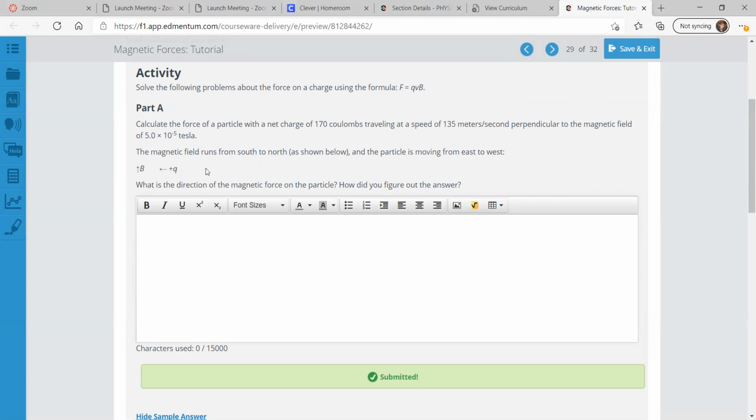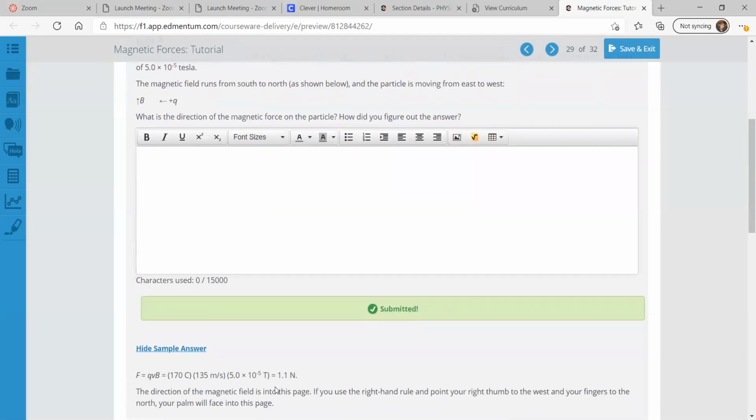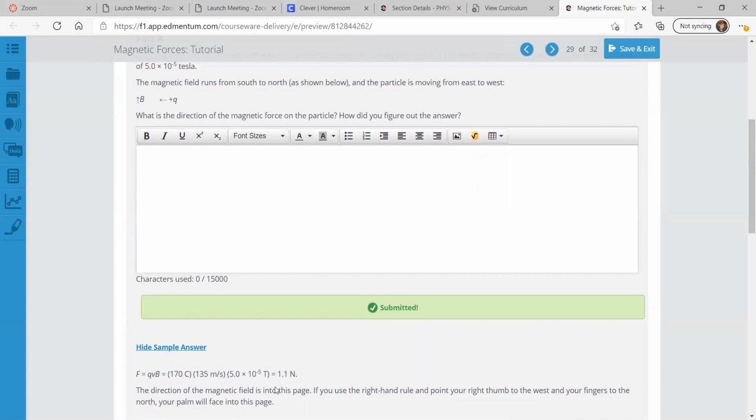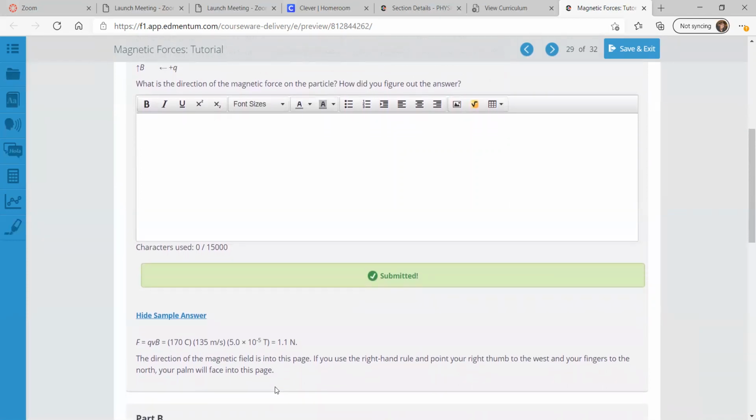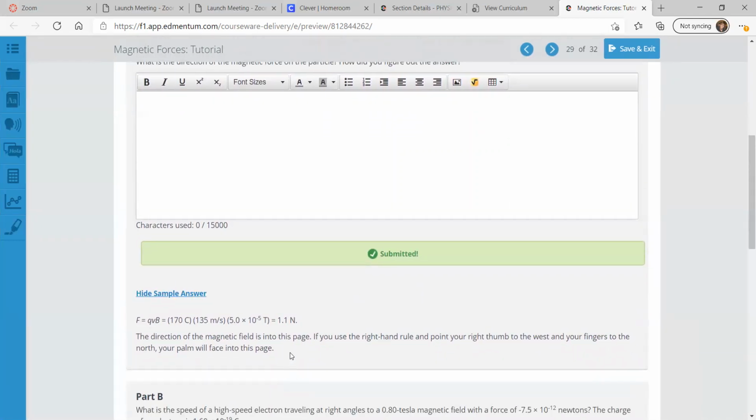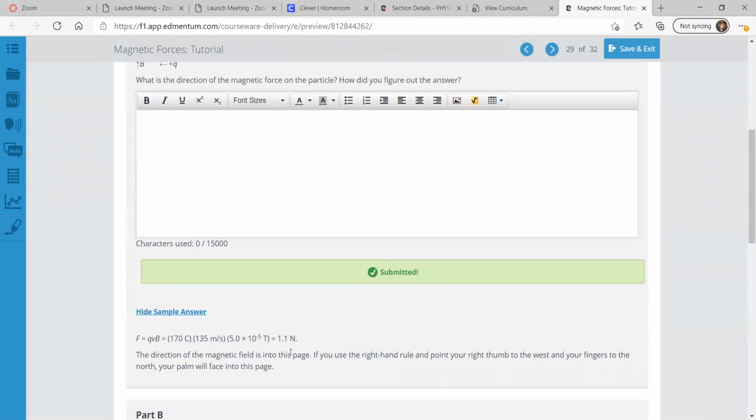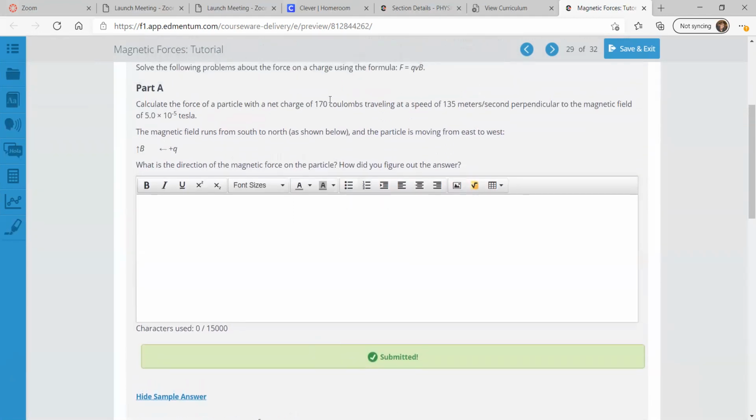So point your thumb to the left, point your fingers upward, and your palm should be facing the screen. So the palm will be facing into the page. And then you use force equals QVB, plug in those numbers, and you wind up with 1.1 newtons. This was your Q, this was your V, and then this was your B.